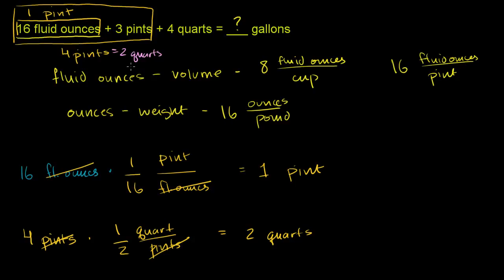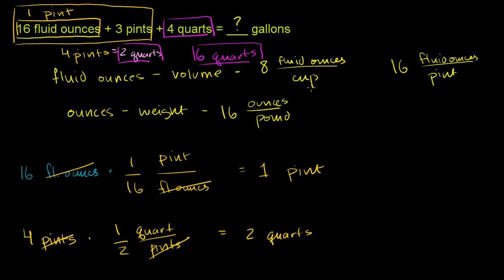You could visualize it: two of these combined make 1 quart, so with 4 of them it's going to be 2 quarts. So you have 2 quarts here plus another 4 quarts, so the entire quantity is 6 quarts.